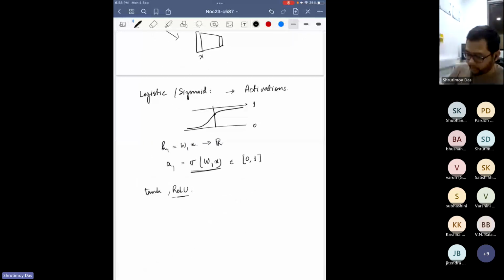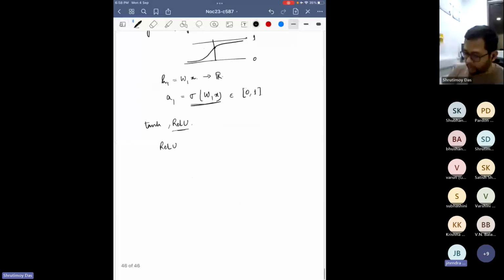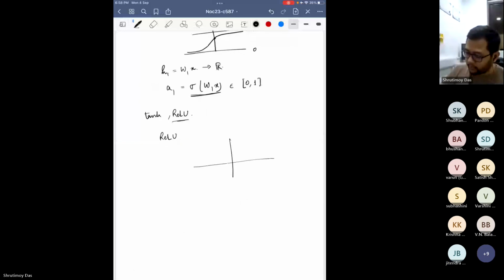But if we talk about ReLU, suppose this is your x. If x is less than 0, your value is 0. If x is greater than 0, your value is x. So ReLU is defined as the maximum of 0 and x.